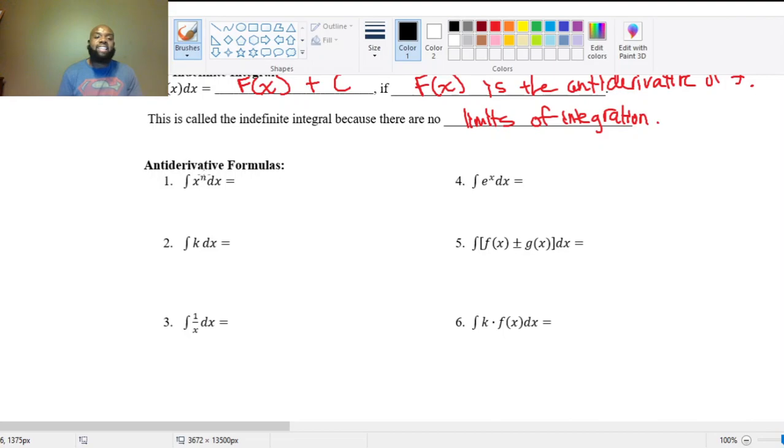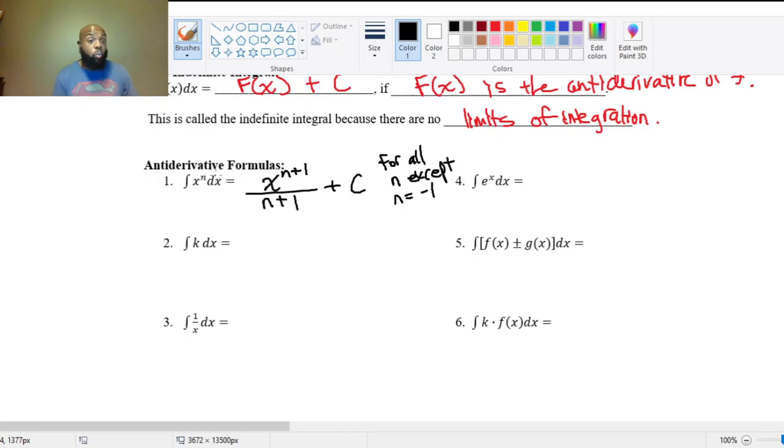But the integral of x to the n, this is almost like your power rule, right? This is equal to x to the n plus 1 over n plus 1 plus c, for all n except n equals -1.